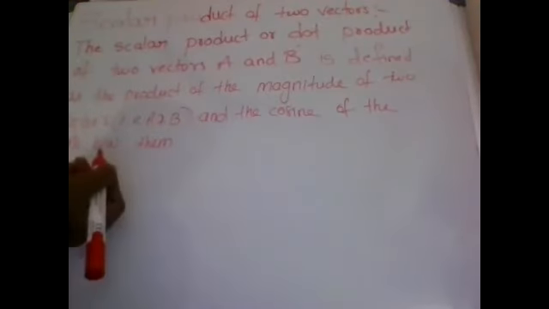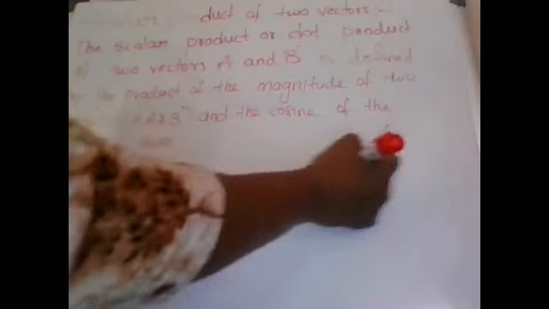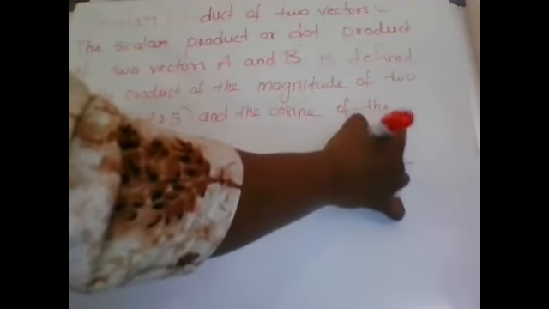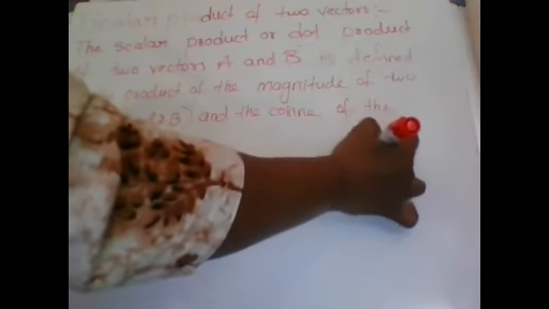Here consider any angle between two vectors. Here A vector, here B vector, and theta is the angle between them.